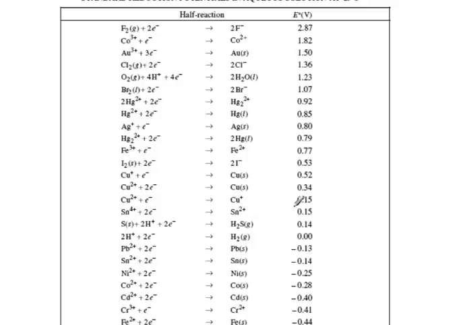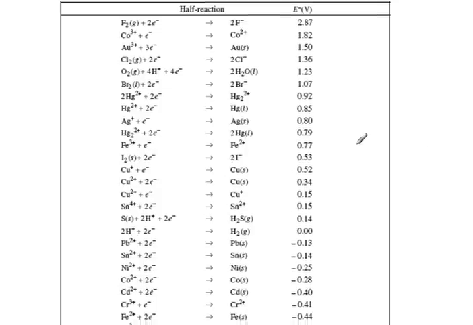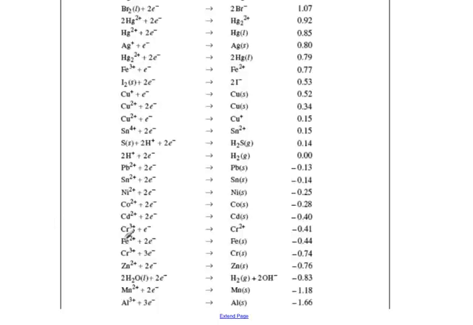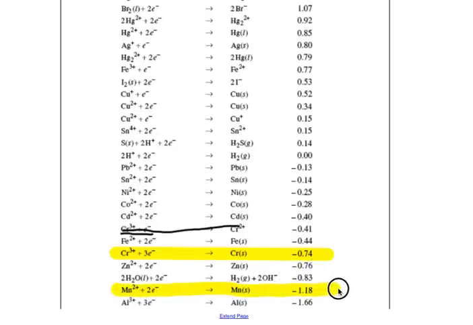Be careful, it's got to match exactly. If I look right here, this one was Cr3+ plus 1 electron. That's not what I'm looking for, so I can't use that one. But I find Cr3+ plus 3 electrons equals Cr as a solid. And I also find Mn2+ plus 2 electrons is equal to Mn as a solid.